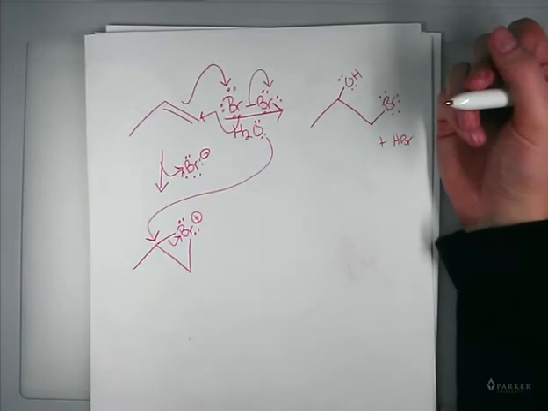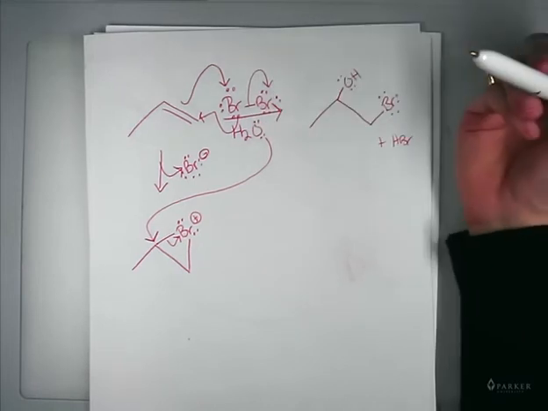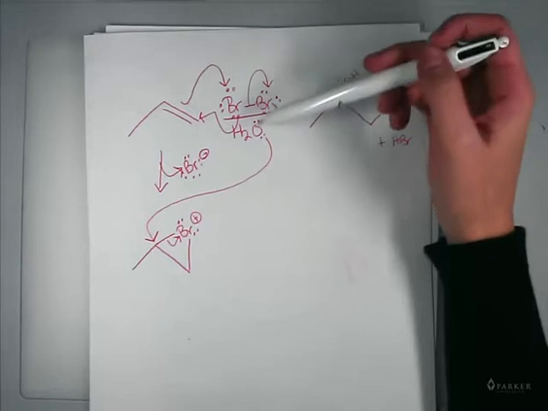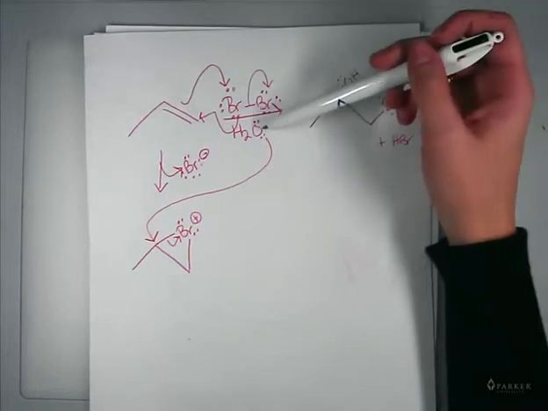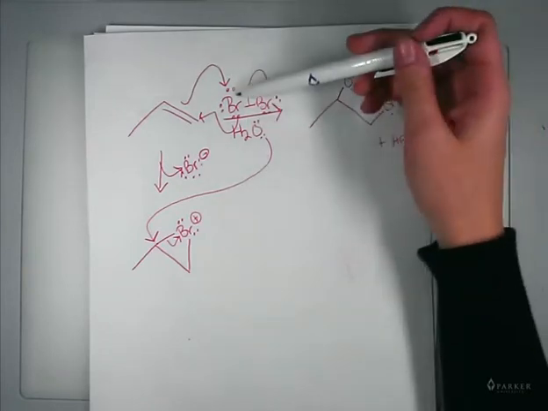The reason water attacks is two reasons. One, oxygen is a better nucleophile. It's further to the left. But more important is that you put a ton of water in there. Okay?